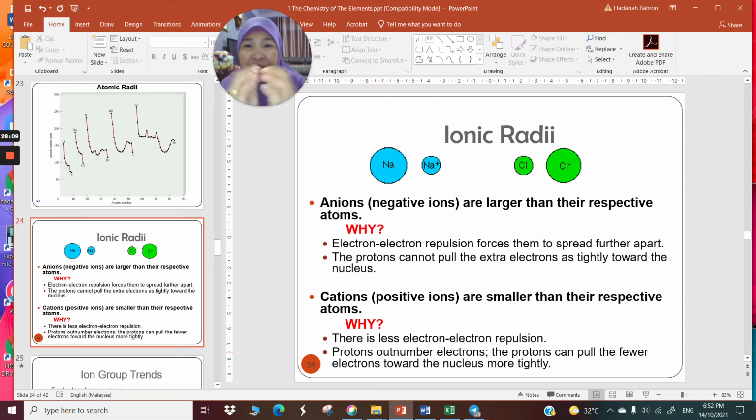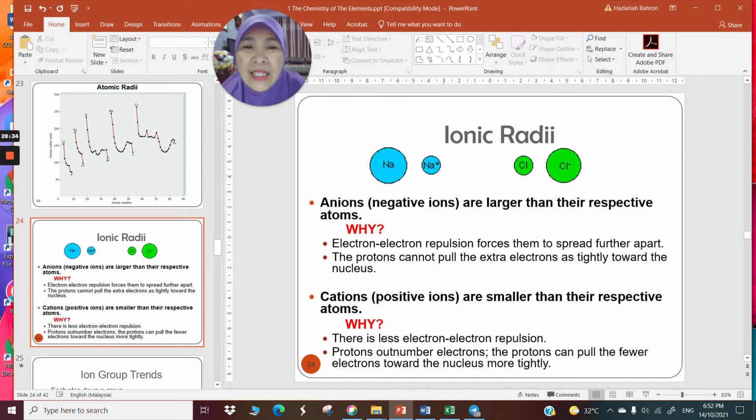Obviously, it's going to shrink because 1 outer shell is removed. There is less electron-electron repulsion because you remove that extra electron. The protons in the nucleus are going to outnumber the electrons. Therefore, the protons can pull the fewer electrons toward the nucleus more effectively.